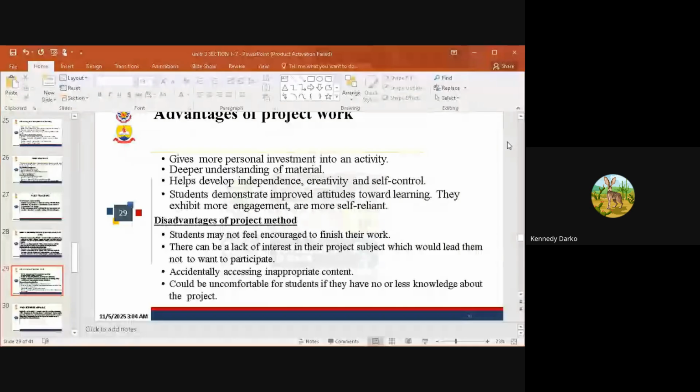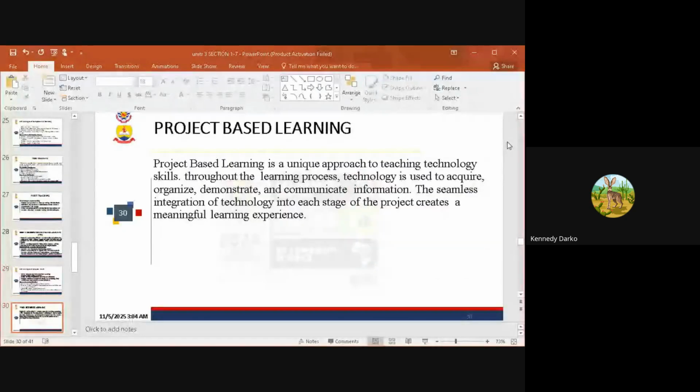It could be uncomfortable for students if they have no or less knowledge about the project. So when they have little or no knowledge on the project, the students will not be happy to do that.